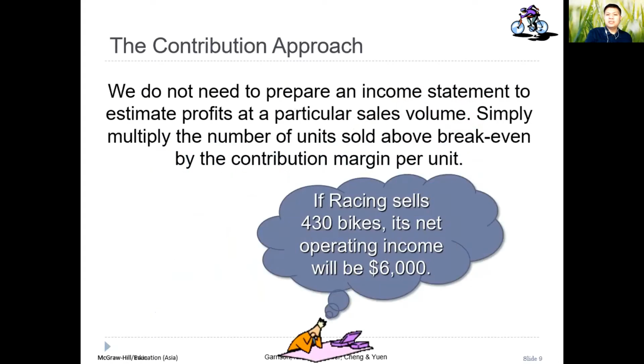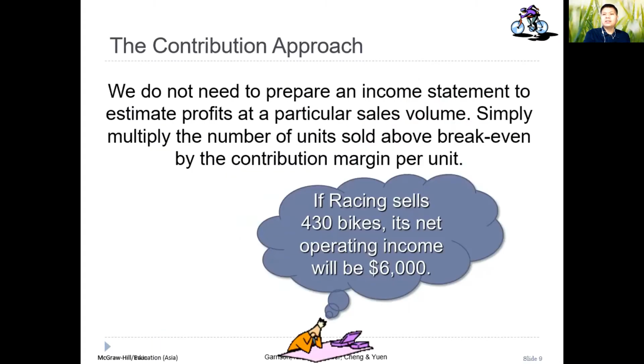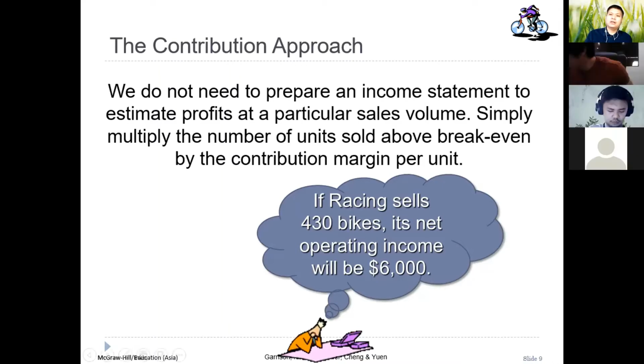So what is the excess? 30. And your CMU is 20. Sorry, not 20, it's 200. So 30 times 200, you get 6,000. It is telling us that you don't need to prepare a contribution format income statement. So it's just saying you can take a shortcut. Alright? Next.